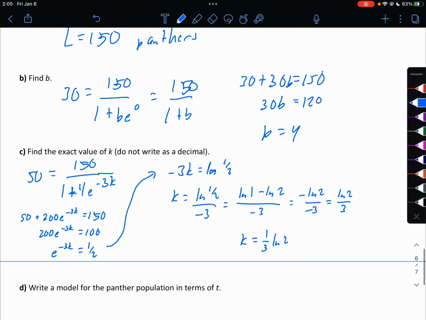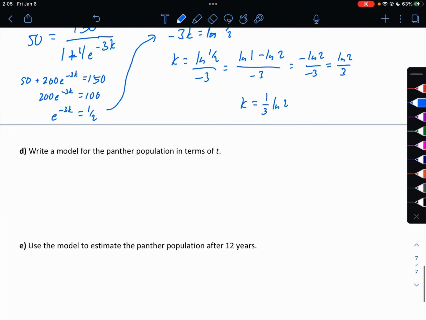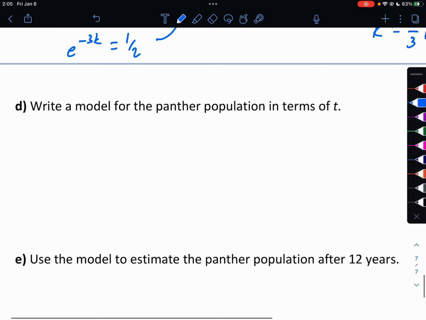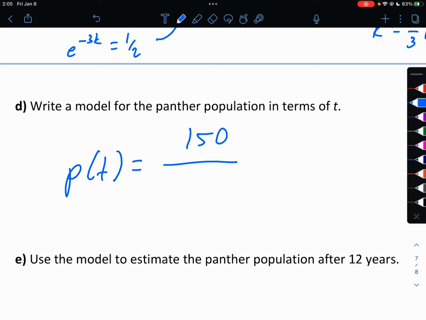The next question says, take everything we just found and write that as a model for the population. So that's just going to be P(t) equals 150 over 1 plus 4 e to the negative 1/3 ln 2 times t.